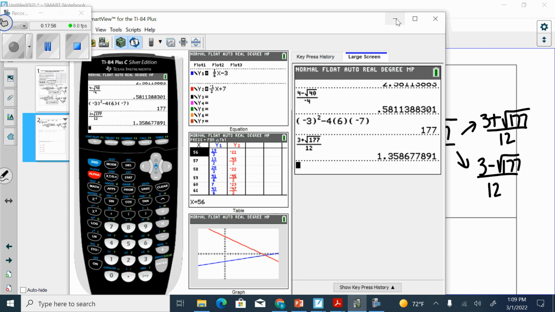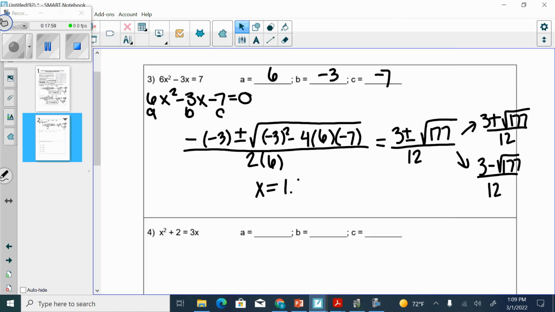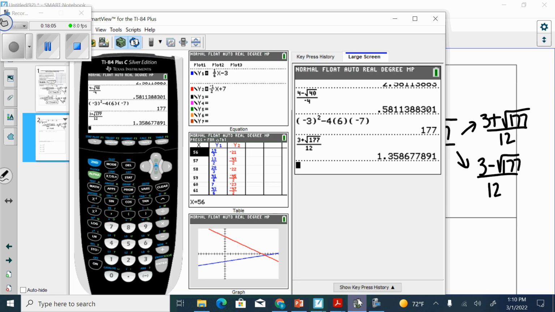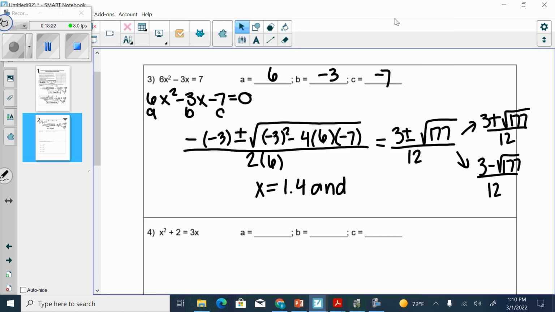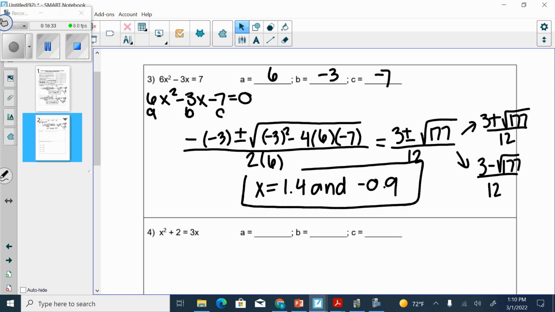So that would be 1.4. Okay, my calculator's frozen. So did somebody else already do the 3 minus square root of 177? -0.9 is what I got.